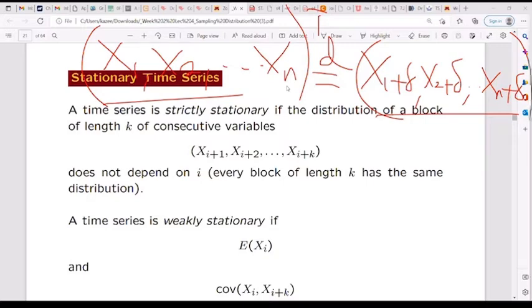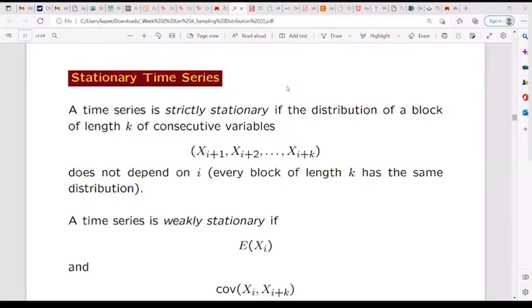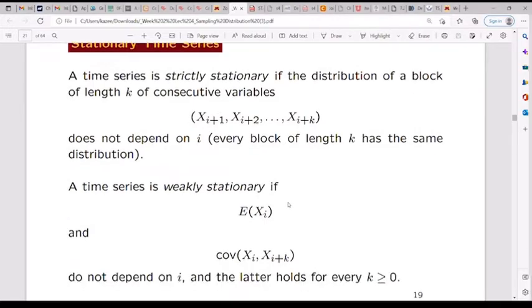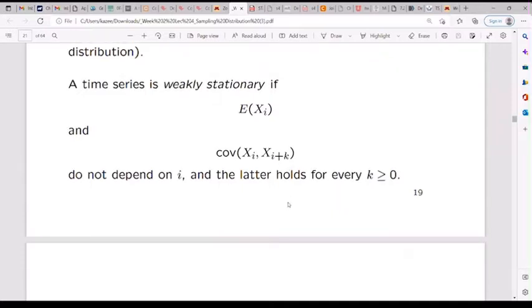But in time series analysis, the strict stationarity assumption may be very difficult to meet. That is the reason why we consider what we call weakly stationary. What do we mean by weakly stationary? We're trying to say the mean remains the same over time, and the variance also remains the same over time.